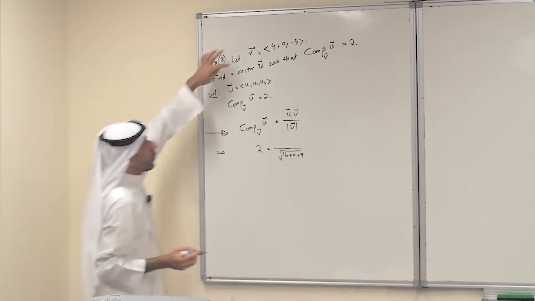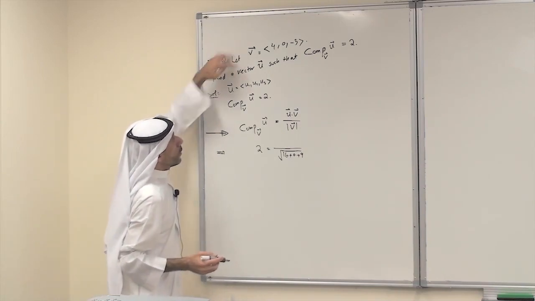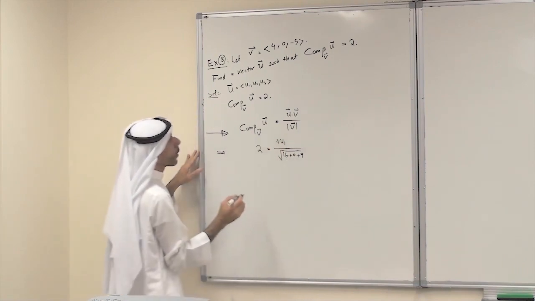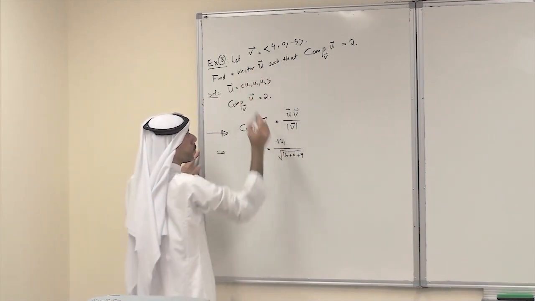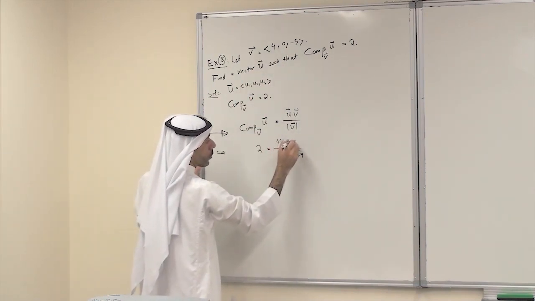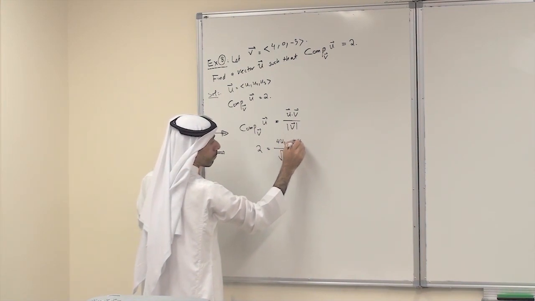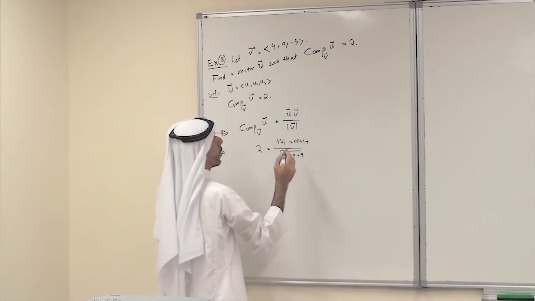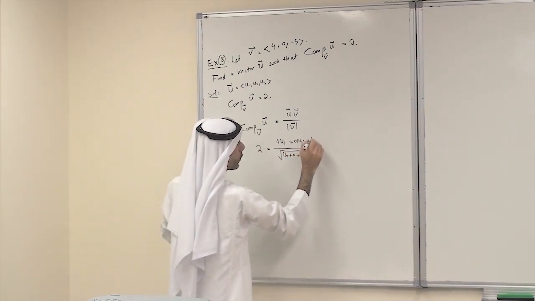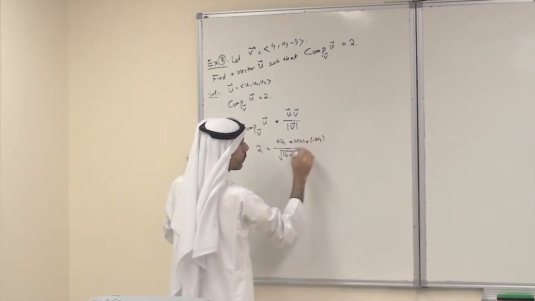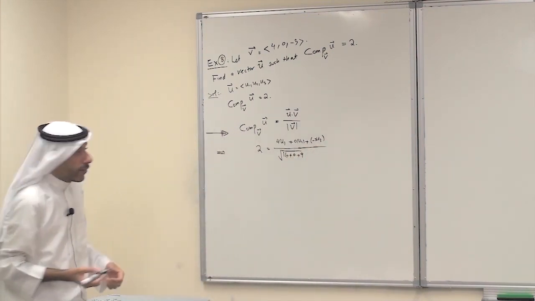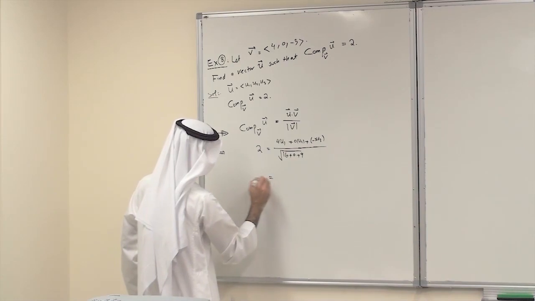U dot V, find the dot product of U and V. So U1 times 4, so this is 4 U1, plus 0 times U2, plus U3 times minus 3, so this is really minus 3 U3. Simplify, so this is just 2.